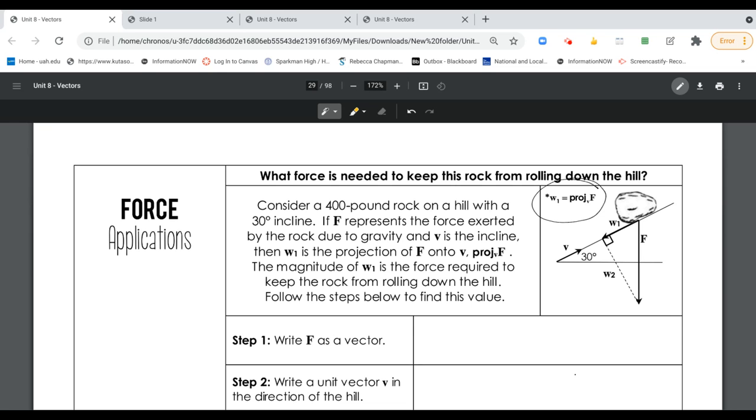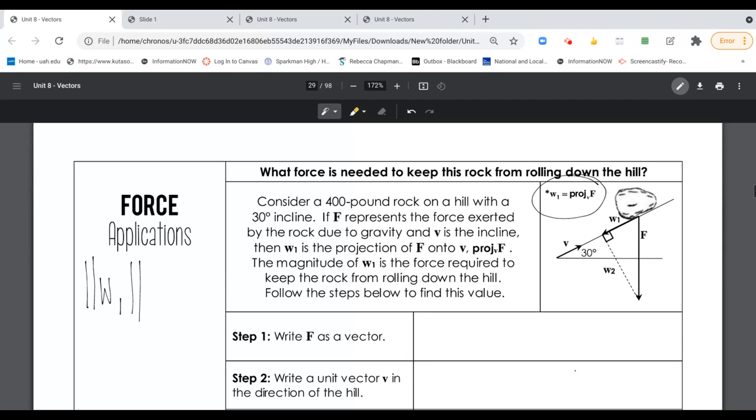If F represents the force exerted by the rock due to the gravity, and V is the incline, that's the vector that represents the incline, then W1 is the projection of the force vector onto vector V, which is the incline. The magnitude of vector 1 is the force required to keep the rock down. So what we are ultimately looking for is the magnitude of vector 1.